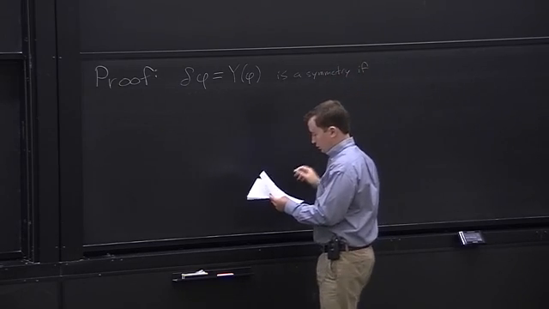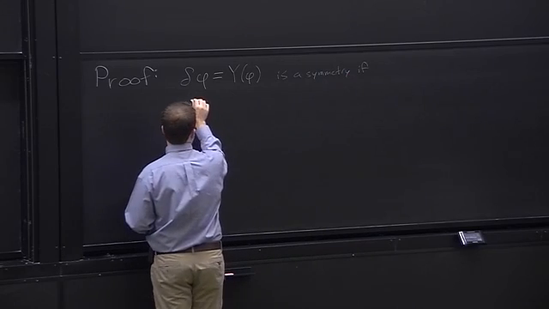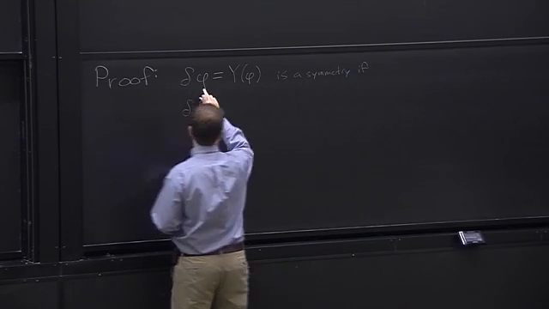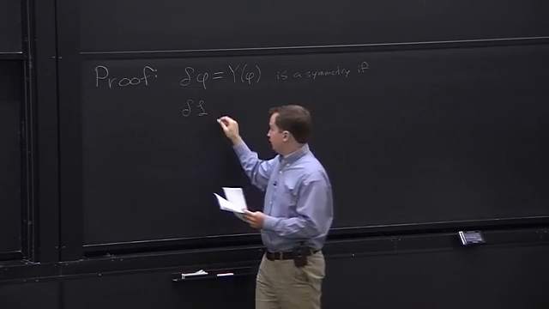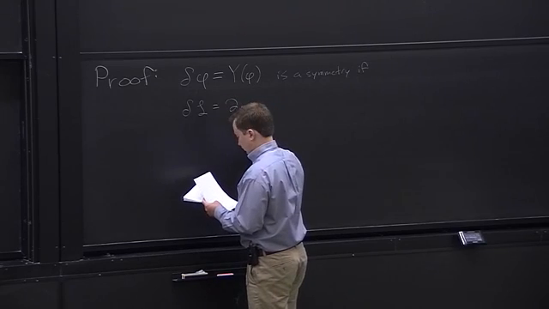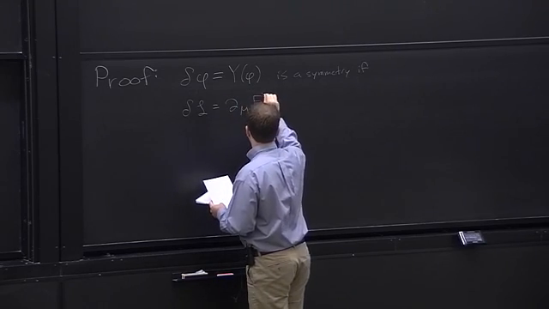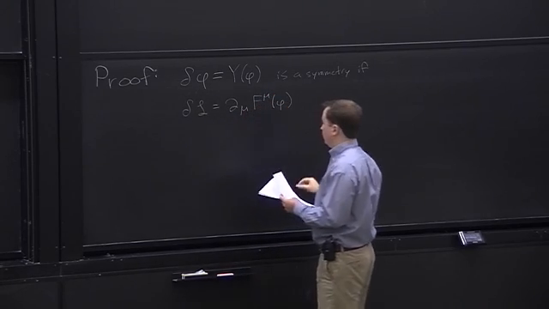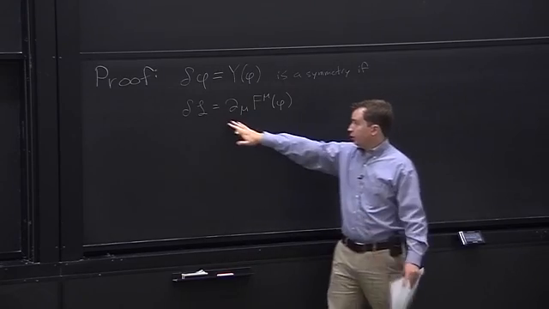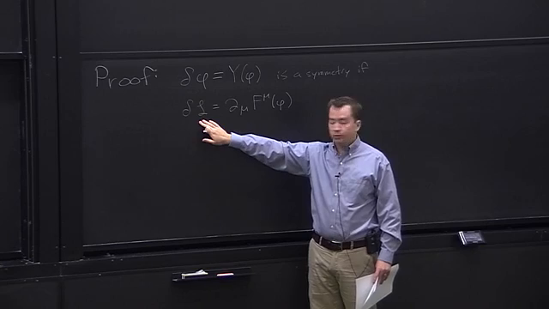If, when we vary the fields in this particular way, the Lagrangian only changes up to a total derivative, so it's a total derivative of some function f of the fields. Note we're not demanding that the Lagrangian is invariant.